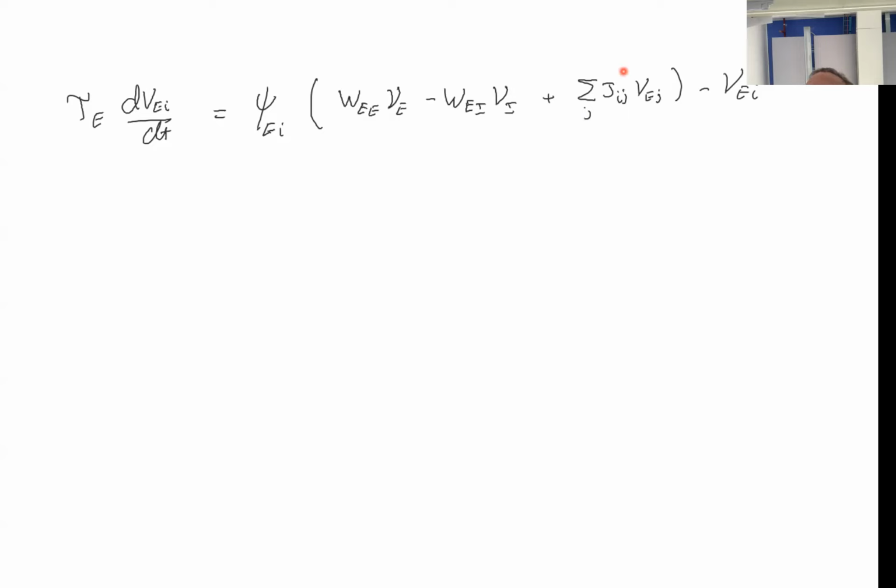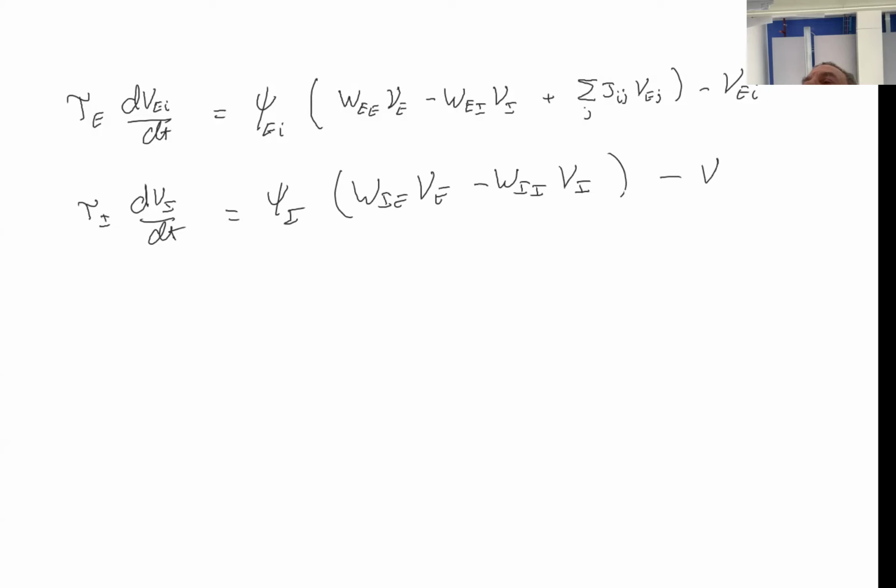It's all we've done. And we have equations for I, tau I d nu I dt equals psi I of, let's say, WIE nu E minus WII. So this is very similar. Before we actually were in some sense more general. So this is a more specific model.